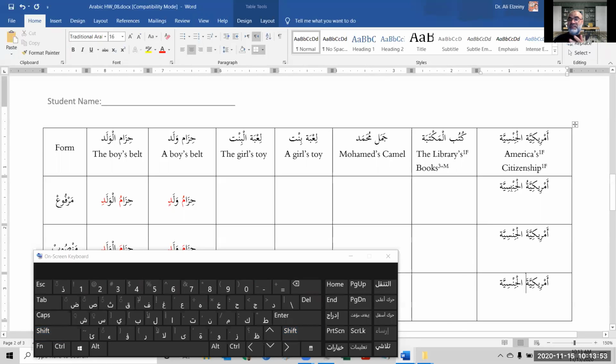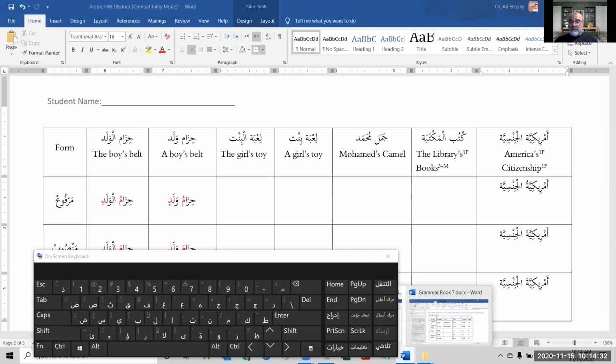Now, how about the word الجنسية, citizenship? It has alif lam, so without even thinking, there will be no tanween. But it's a single noun, and it's classified as a female word in Arabic, because it ends with ta marbuta. It's a female noun, but not a name. So we go back to see what majroor would be for one female.